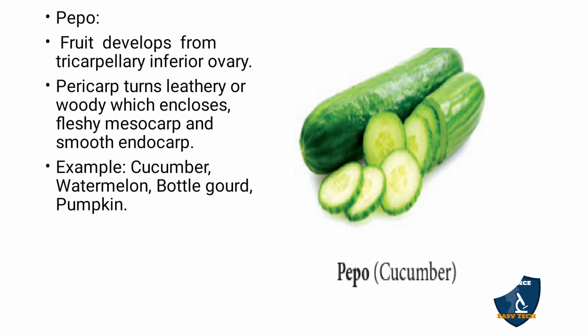Here the outer epicarp is thick and leathery, the middle mesocarp is fleshy, and the inner endocarp is smooth. It is seen in cucumber, watermelon, bottle gourd and pumpkin.